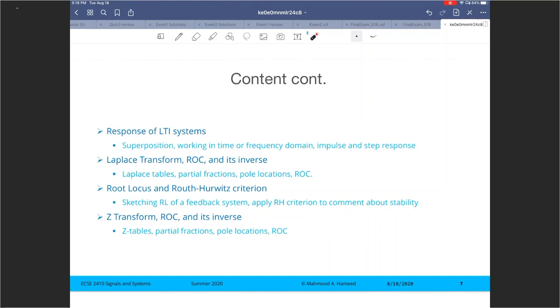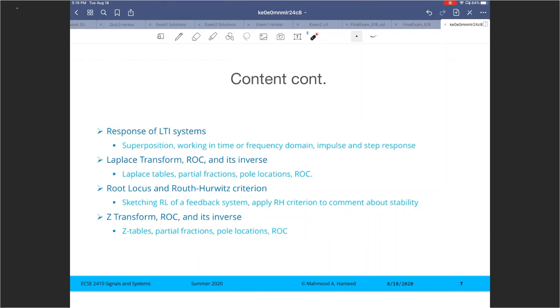So being able to apply superposition to find the response of LTI systems, being able to work in time versus frequency domain. We have seen that sometimes doing a convolution in time might be easier than multiplication in the frequency domain, or sometimes it is actually easier to work in the frequency domain and then take an inverse Fourier transform to find the response of that system.